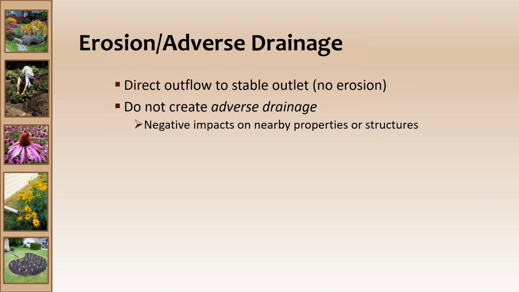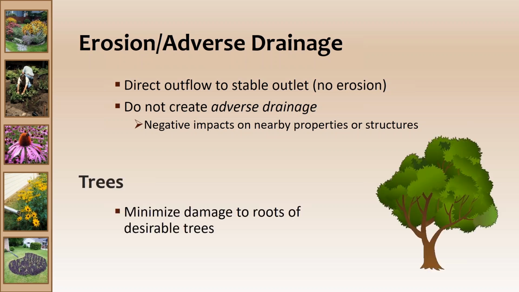So a lot of times you can use a rain garden to solve an adverse drainage issue, but at the same time, you also need to be careful you don't create an adverse drainage. And I'll point out a couple of examples of that in a minute. And then the standard just has some general language about minimizing damage to roots of desirable trees.